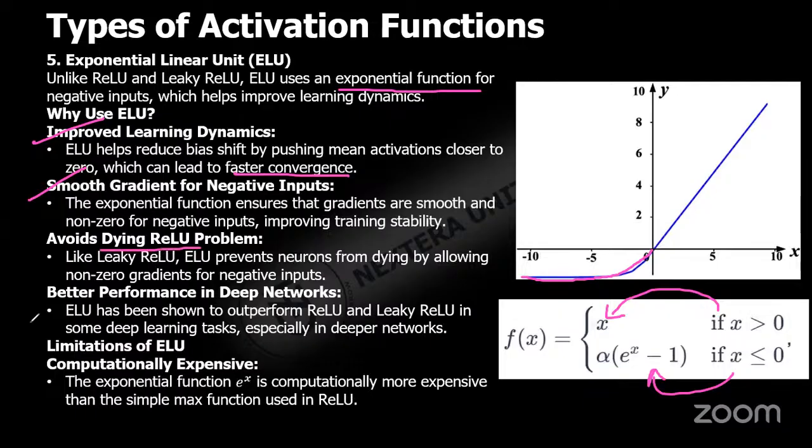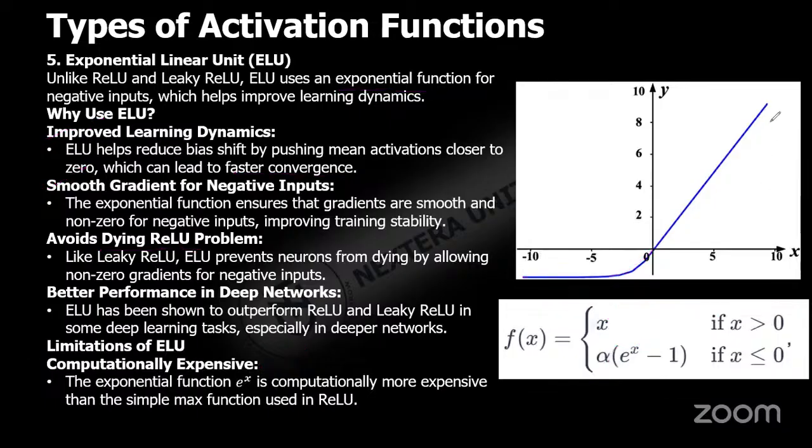But the problem that we have with ELU, the exponential linear unit, is that it is computationally burdened, guys. Why? We are using this exponential component in the formula, so it is expensive compared with ReLU or leaky ReLU.